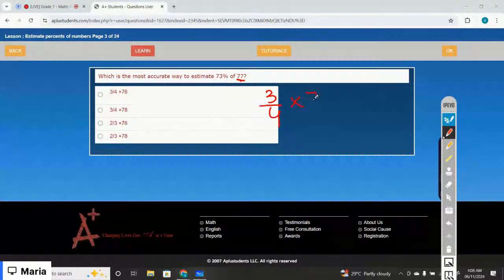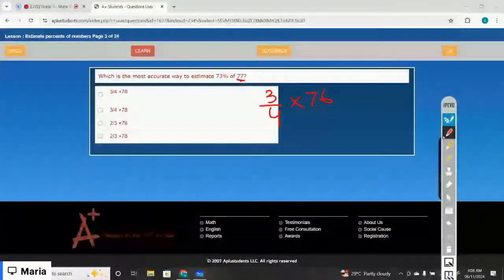So that would be 76. 76 can be easily divided by 4. So that is 3 by 4 times 76. Option number 1 is the correct option.